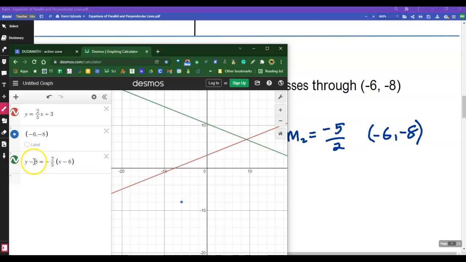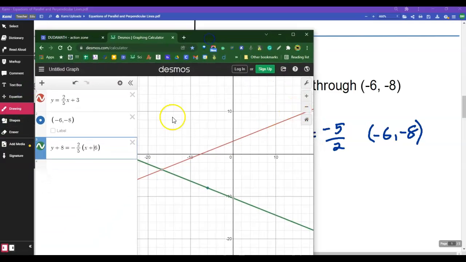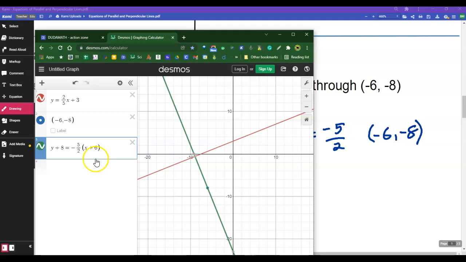So if I go over here and put plus 8 and plus 6, and then also fix my slope, because it's not 2/5, it's 5/2, because it's still not perpendicular. It's going through my point, but it's not perpendicular. So if I change this to 5/2, there you go.